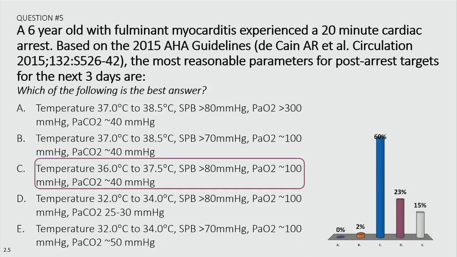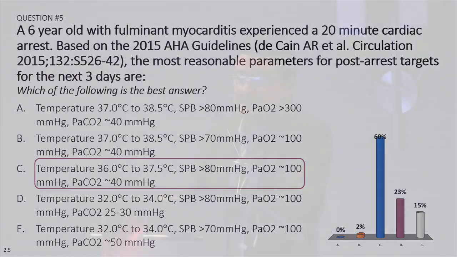So the right answer is keeping the patient euthermic, not hyperoxygenated, not hypercarbic, and hopefully normotensive. All the other ones have either higher temperatures, lower CO2s, or hyperoxia.